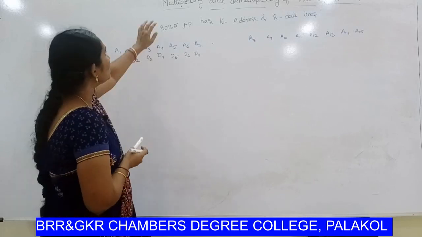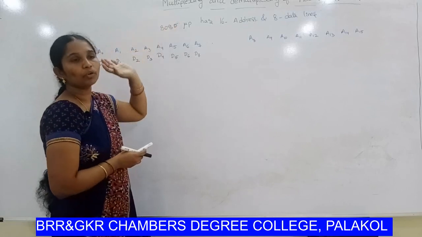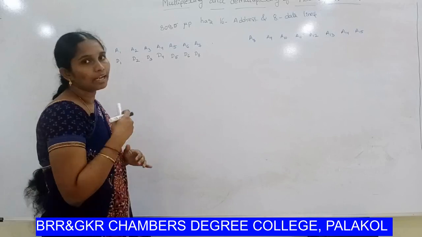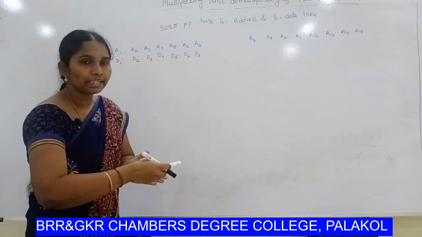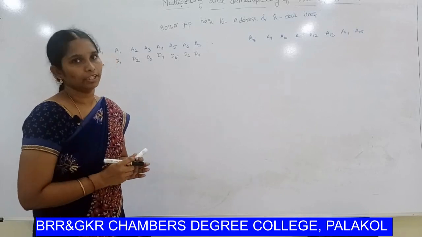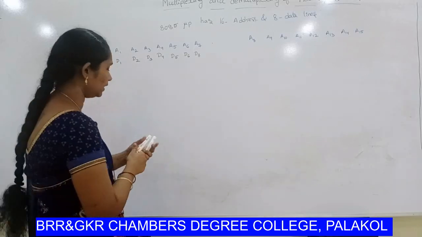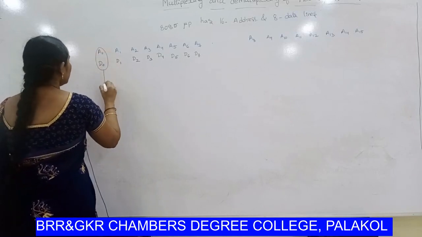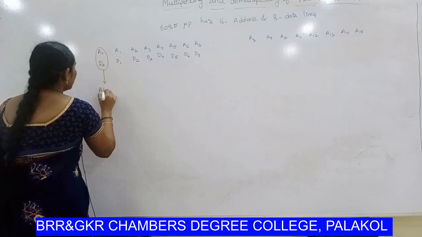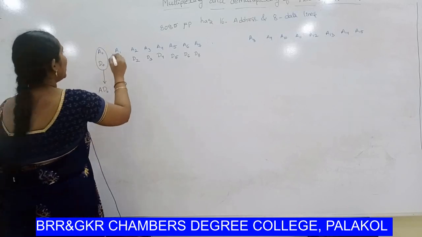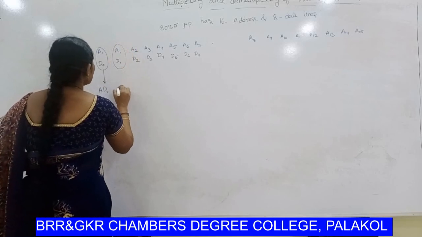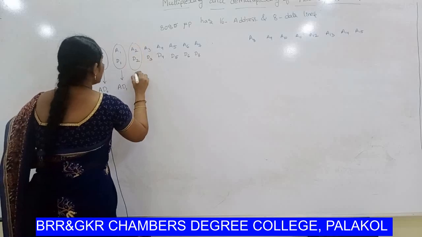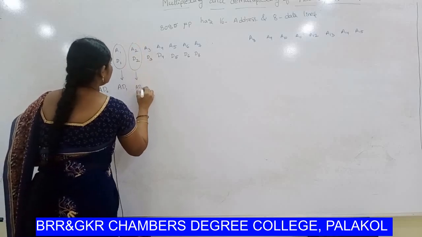That is nothing but multiplexing. Multiplexing means both address and data lines are combined and transmitted on a single line. Here these two are multiplexed and form AD0, these two are multiplexed and form AD1, and these form AD2.